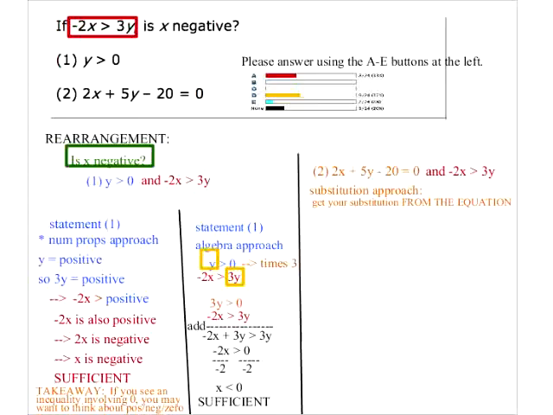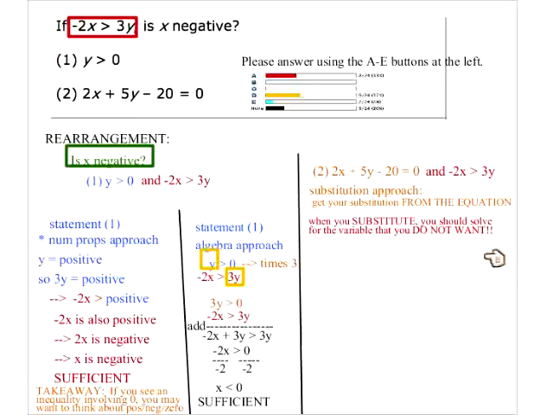Big lesson here. When you substitute, you should solve for the variable that you do not want. So we don't want x. So we should solve for x. I think I said y before. We should solve for x because x is going to go away.